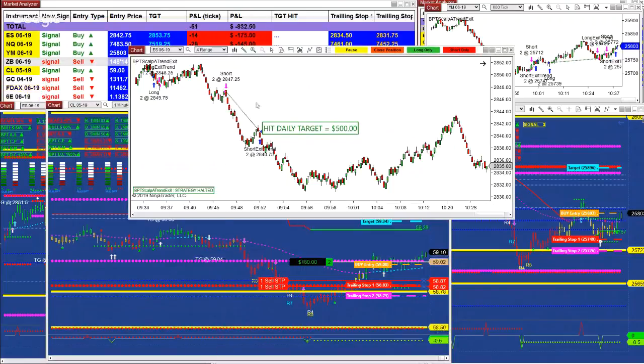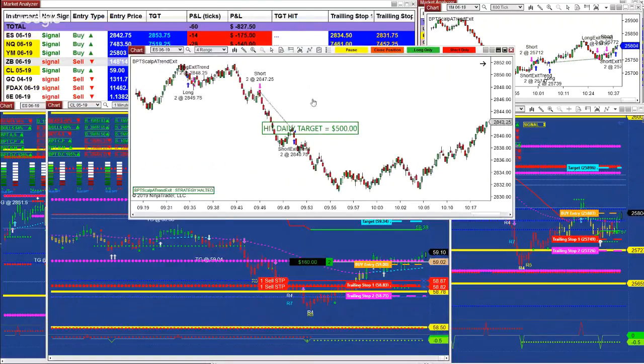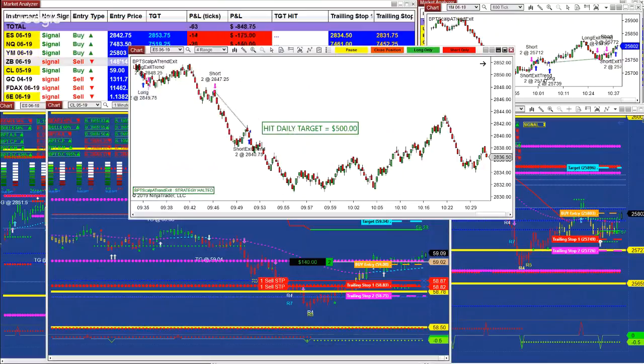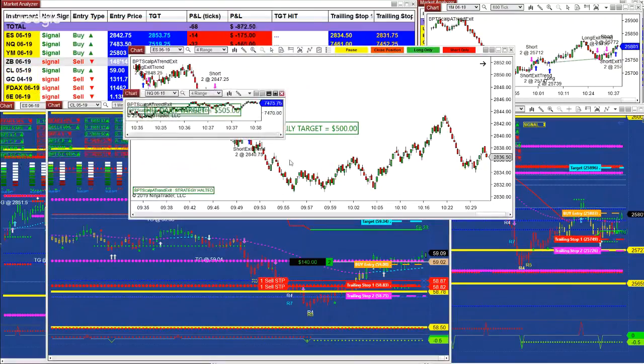This is the swing trade on a full range market order. We nailed it. The ES, Nasdaq, also all of them, 500.